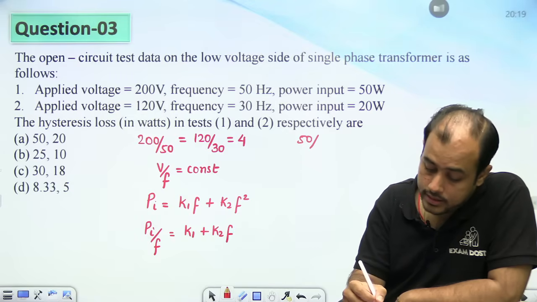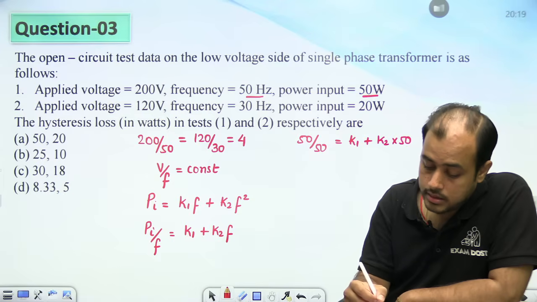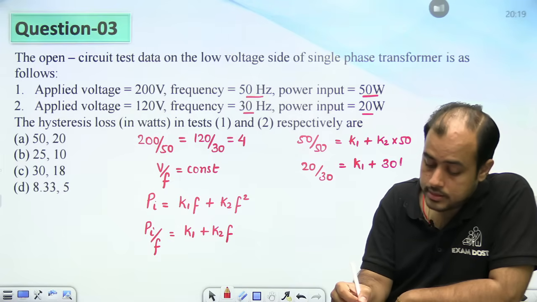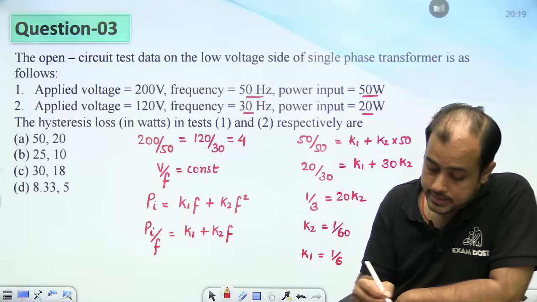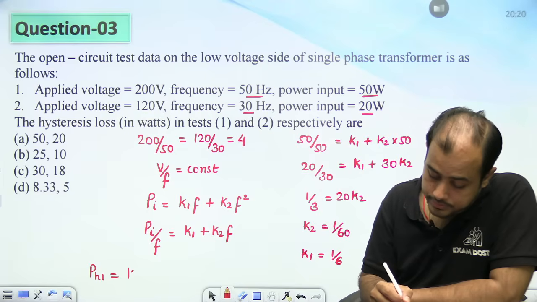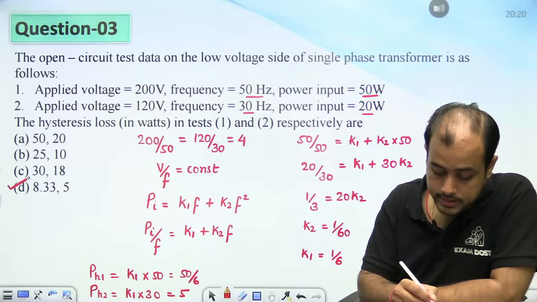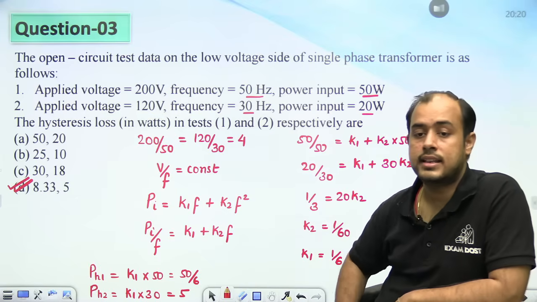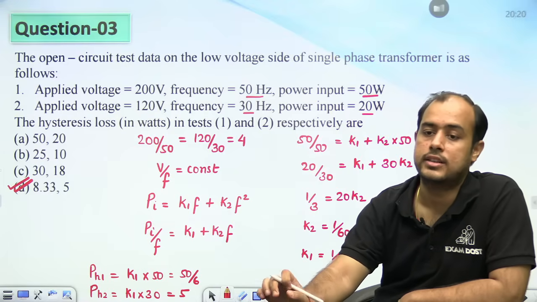So you can say iron loss by 50, iron loss by frequency, then 20 by 30. सब्ट्रैक्ट बेटा. K2 is 1 by 60, so K1 is 1 by 6. So hysteresis loss 1 and hysteresis loss 2. Answer is D. This K1F is the hysteresis loss, K2F square is the eddy current loss. K1F hysteresis loss और K2F square eddy current loss कहलाएगा.